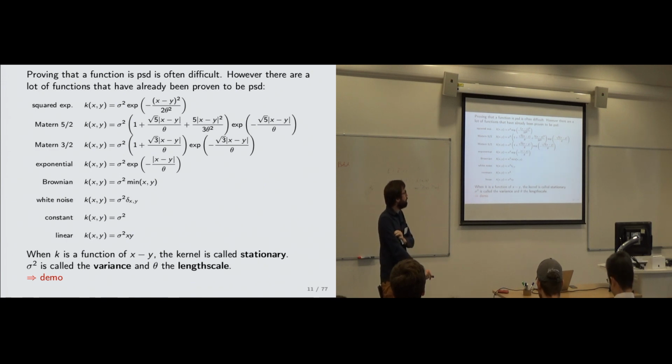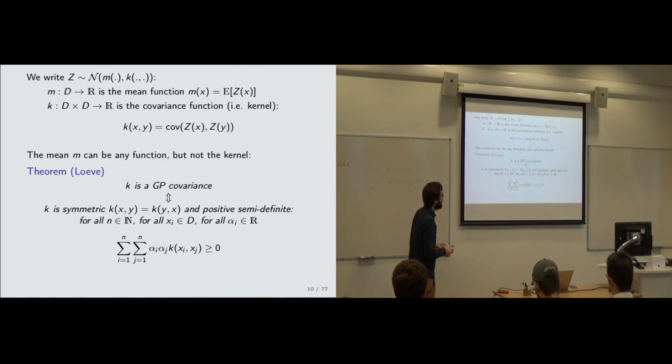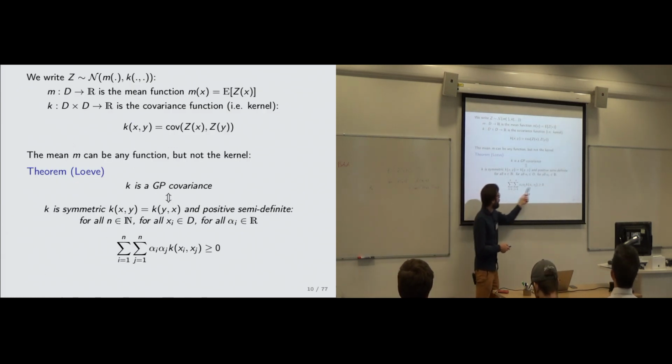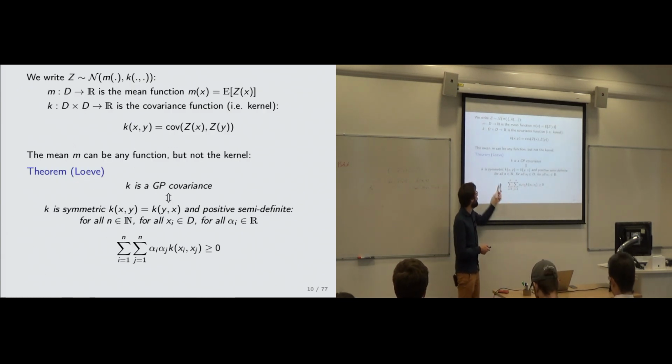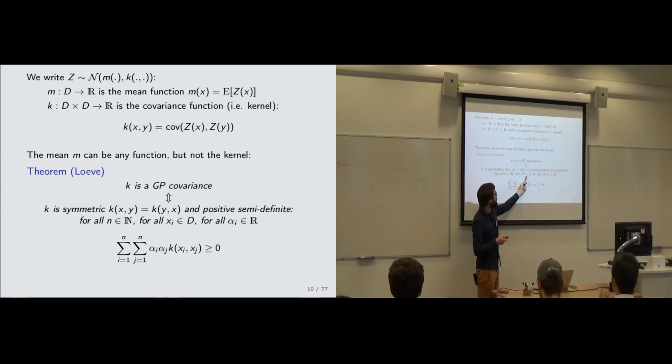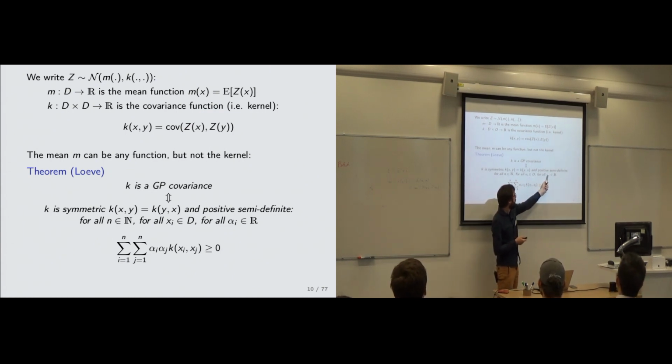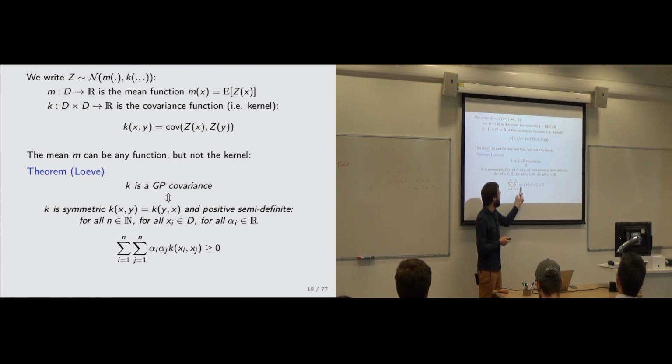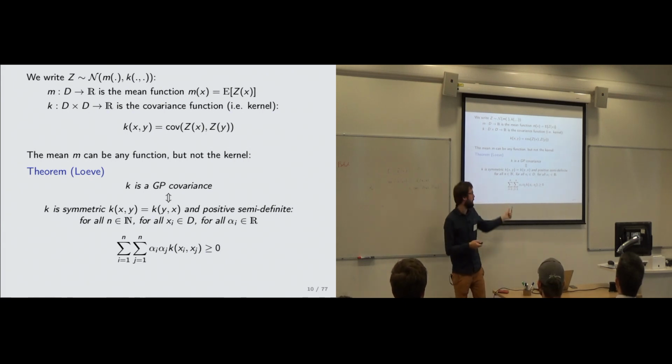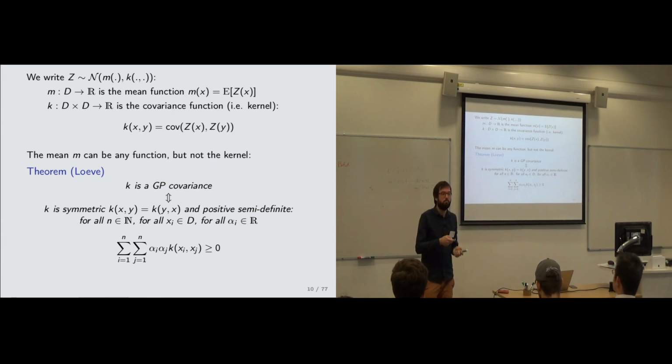Proving that a function is positive definite is quite tricky, because we would like to show that this is positive whatever the number of points we consider, whatever the location we choose in the input space, and whatever the coefficients alpha we put in there, right? So a direct proof that this is greater than or equal to 0 is usually not possible.